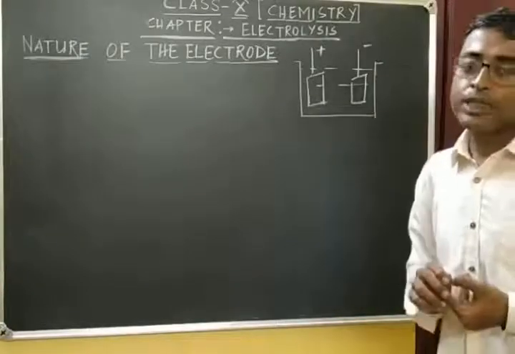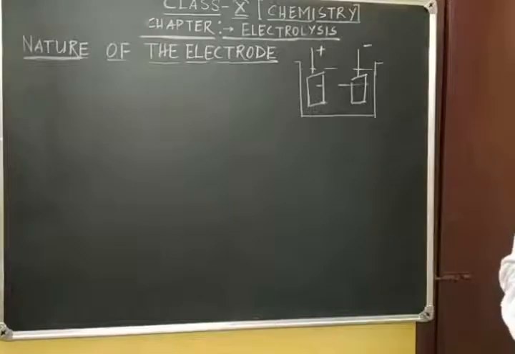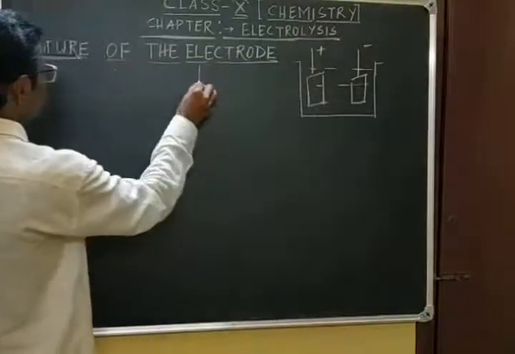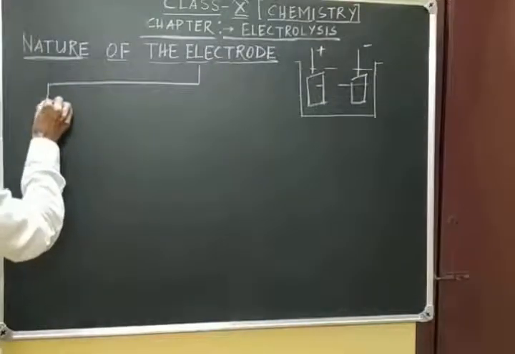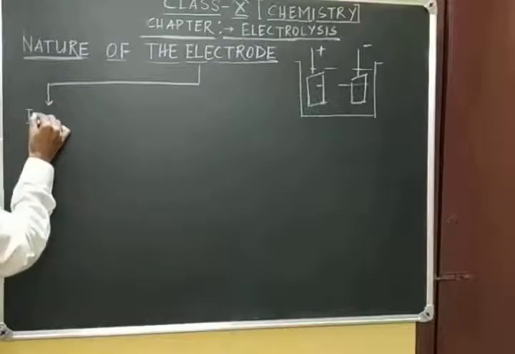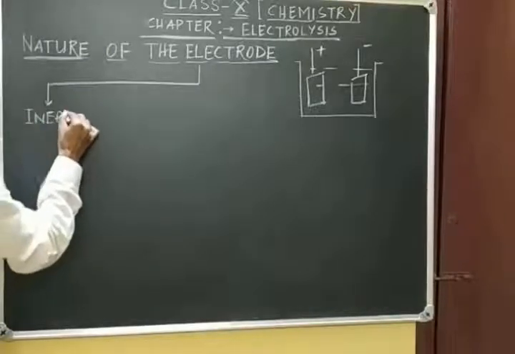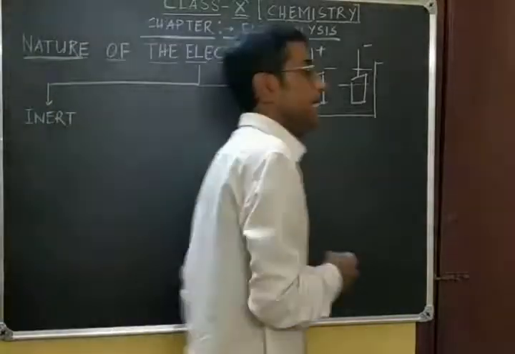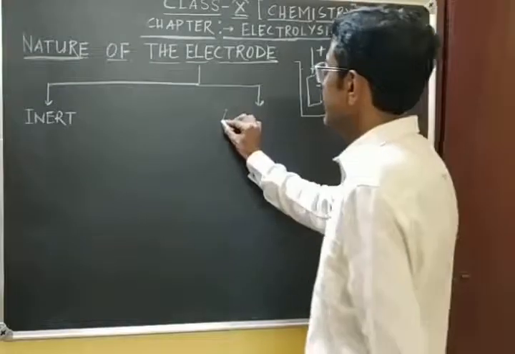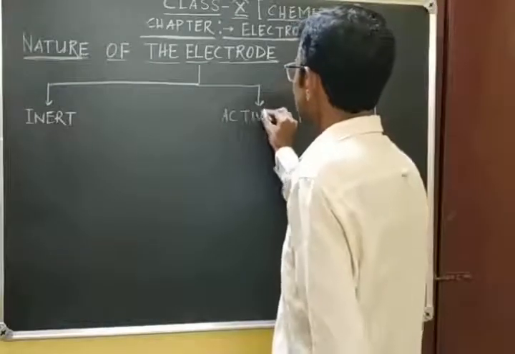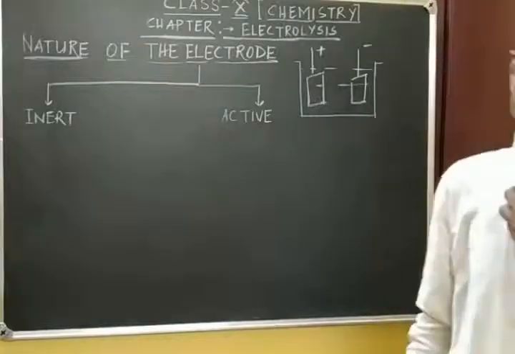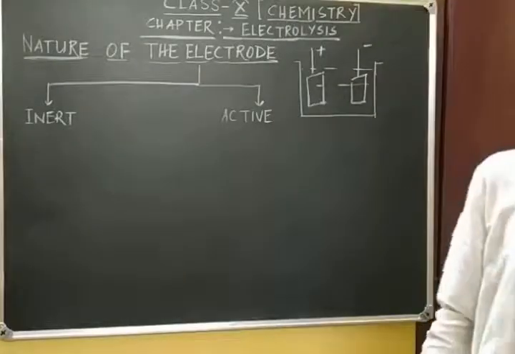Basically, electrodes can be classified into two categories: one is called inert electrodes, another is called active electrodes. We choose those electrodes according to our requirements and use.